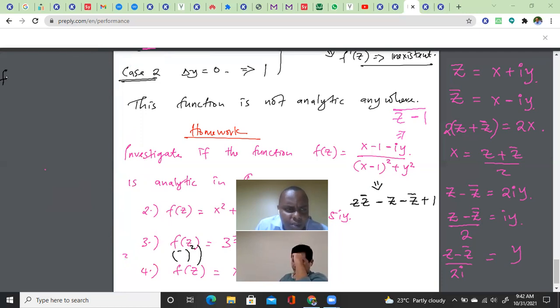The idea was to have only one variable in the function to make our work easy. So this is the denominator z z bar minus z minus z bar plus 1, and at the top z bar minus 1.